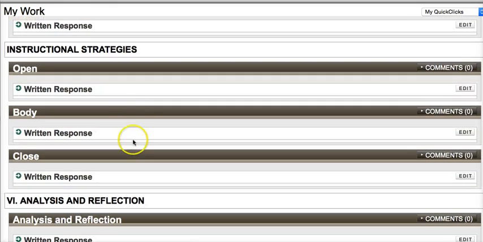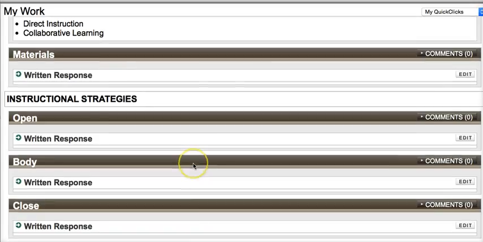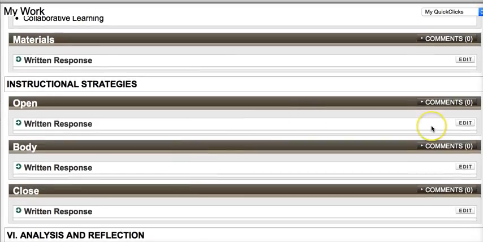It's time to get to the lesson itself. Materials, I already talked about that. I have videos, I think, up there that deal with what it is you're going to do for the lesson. What is important for you to know here is that the open is the hook.